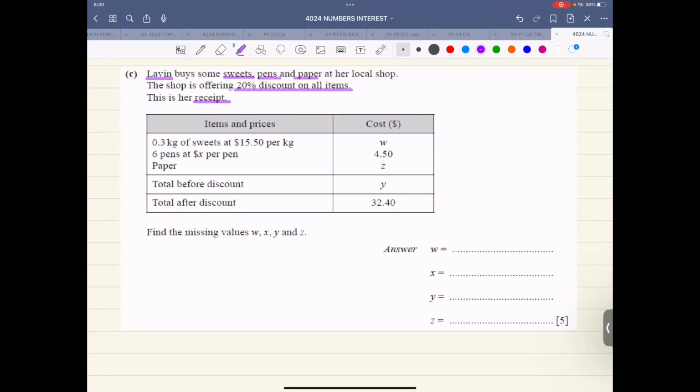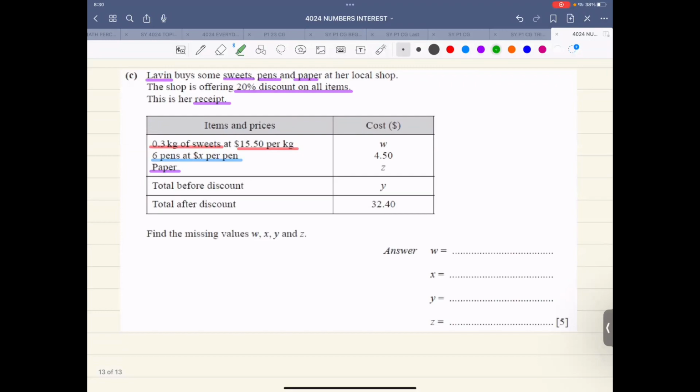The first thing is 0.3 kg of sweets at 15.5 per kg. The second one is 6 pens at X dollars per pen. The third one is paper, which is a fixed value. The total before discount is Y, and the total after discount is 32.40.